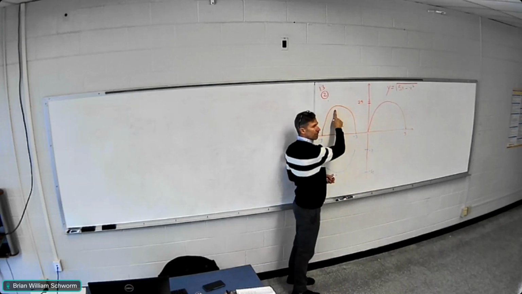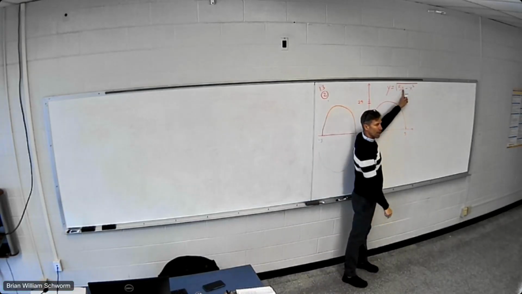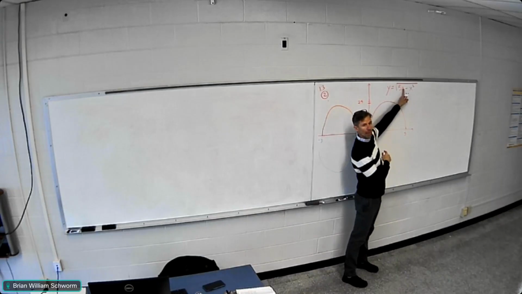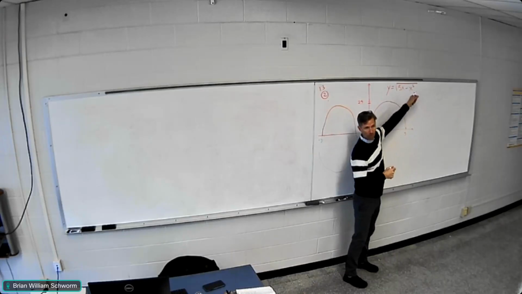So the horizontal shift to the left comes from the x being replaced by an x plus 8. Because if I have a number being added or subtracted to the x, that does left or right. Adding is left, subtracting is right. So it's left 8, so I need an x plus 8 wherever there was an x. I got x in there twice, so wherever there's an x, I'm going to put an x plus 8 now.